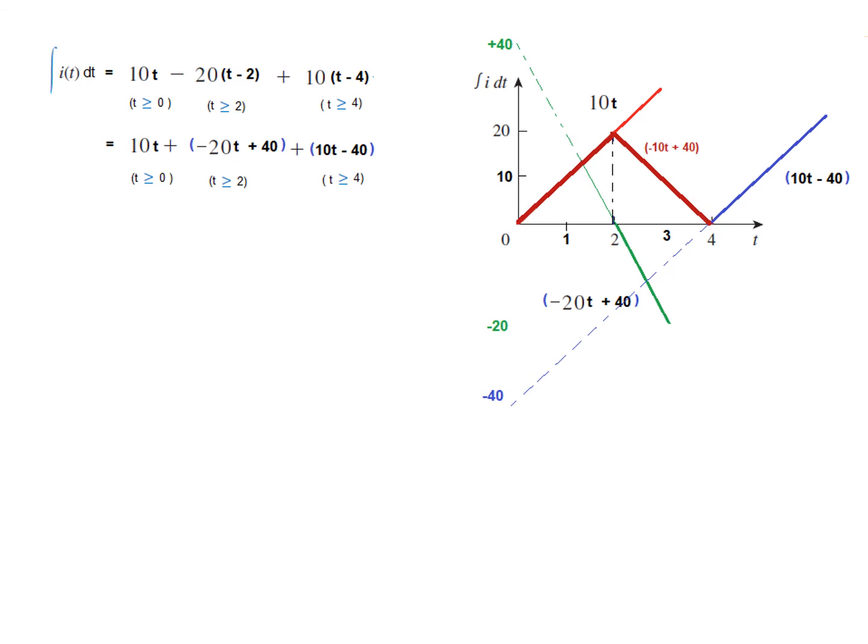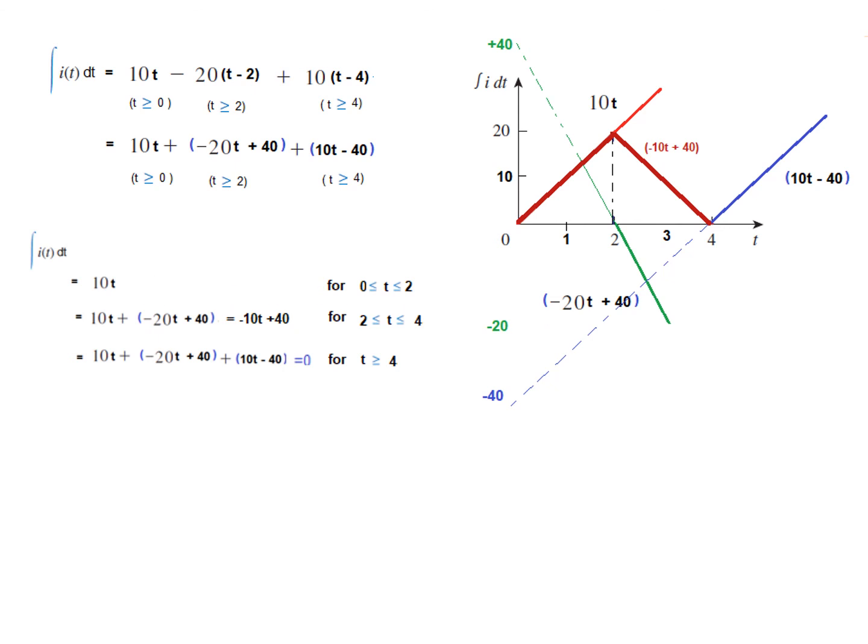Now this is slightly difficult for many students to understand, how we are adding all three. So I would prefer to write it in a simplified manner. I'll write that the integral is equal to 10t for t between 0 and 2. So that is this range.